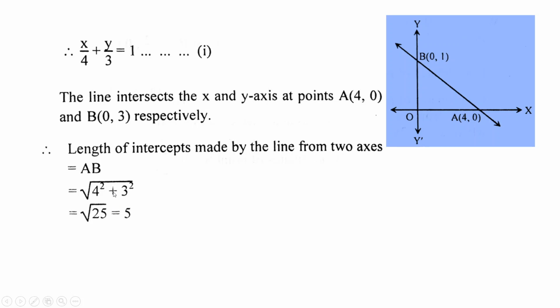The sum of 16 and 9 is 25. So finally, boys, we get root over 25, and the square root of 25 is 5. Our required answer is the points (4, 0), (0, 3), and the length 5 units.